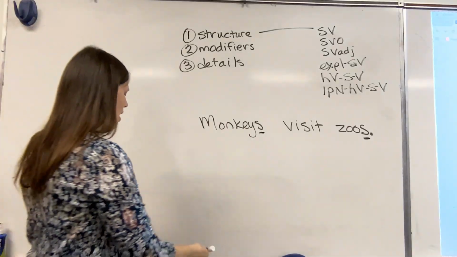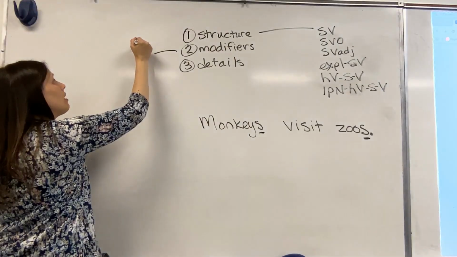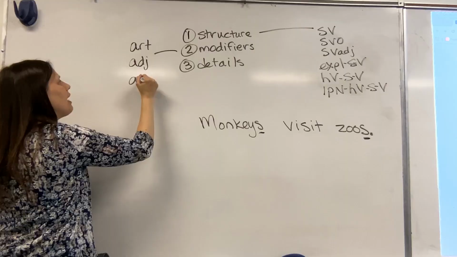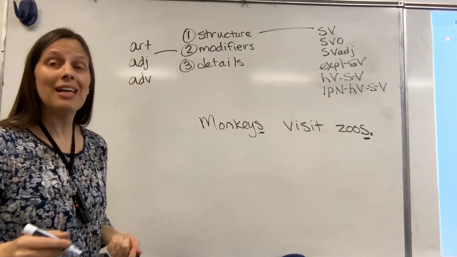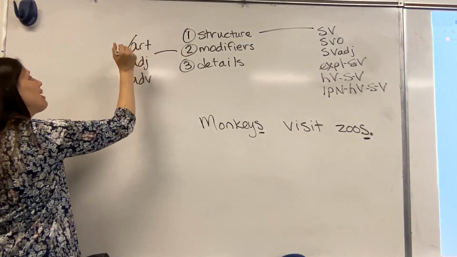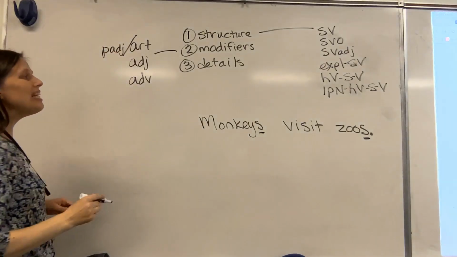Now let's talk about modifiers. Modifiers are also a very specific list. It can be an article, or an adjective, or an adverb. Now also we can add a possessive adjective, but if we add a possessive adjective, we cannot have that with an article, so it would replace the article.